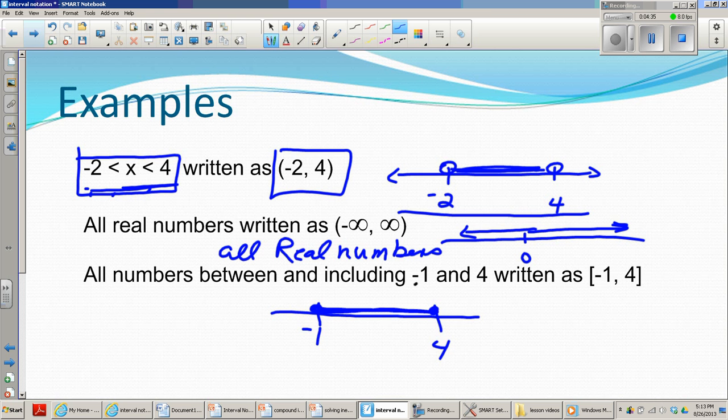So the interval notation would be equal at -1, equal at 4, and in between. The inequality would be written as -1 less than or equal to x less than or equal to 4. So you have all three techniques for getting answers.